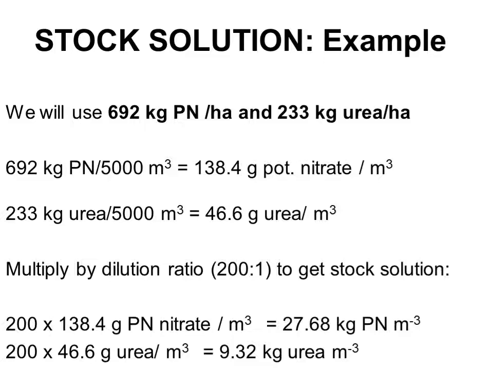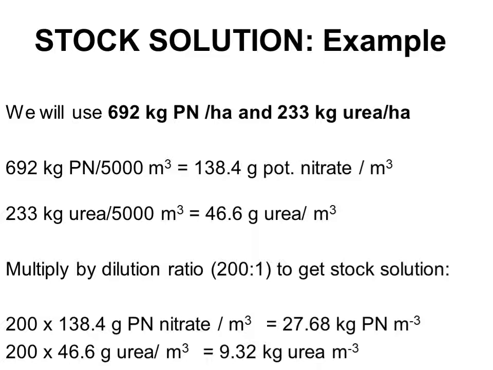Now, as we need to apply 500 millimeters of water during the whole growing season, we simply divide the total amount of potassium nitrate by 5,000 cubic meters, because this is kilograms of potassium nitrate per hectare. 500 millimeters is 5,000 cubic meters per hectare.